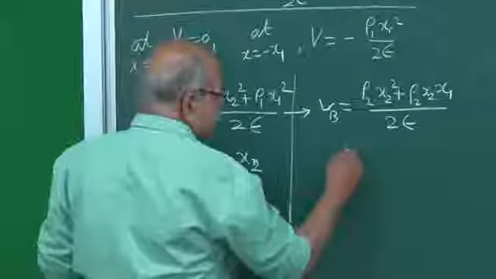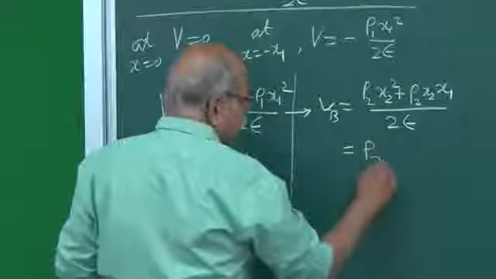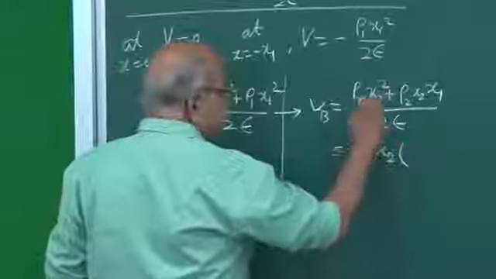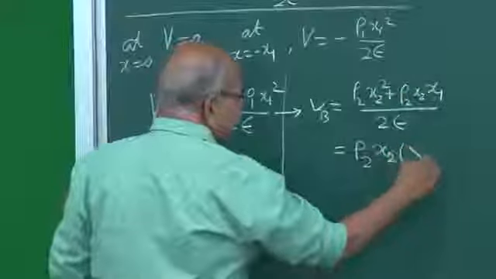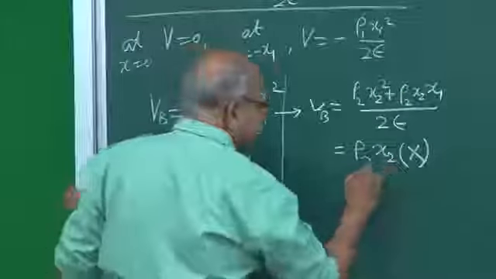So it is this, and you take rho 2 x2 common and you get x2 plus x1, which is capital X.